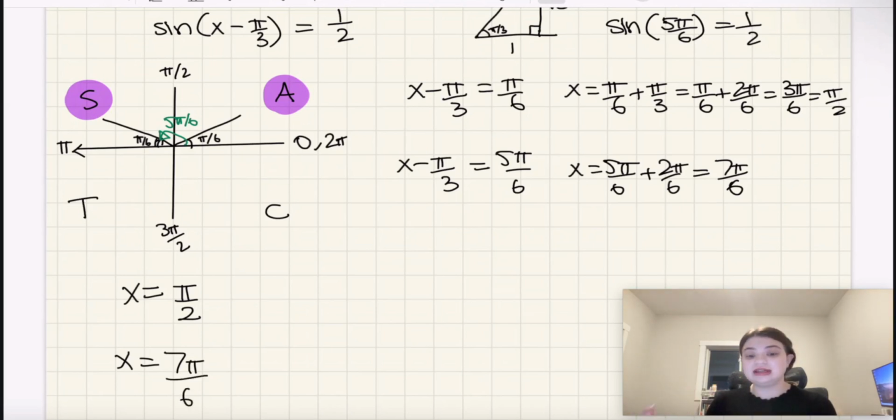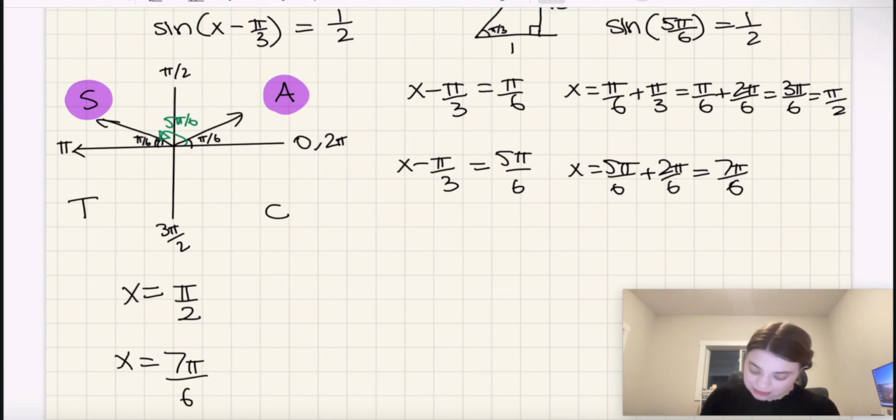However, they actually didn't in this case give us a specific domain, and so therefore they want all the answers. So anytime that we go up or down by 2 pi or some multiple of 2 pi, we're actually going to end up with this arm in the exact same spot, just on a different cycle.